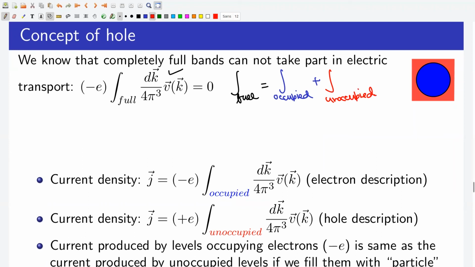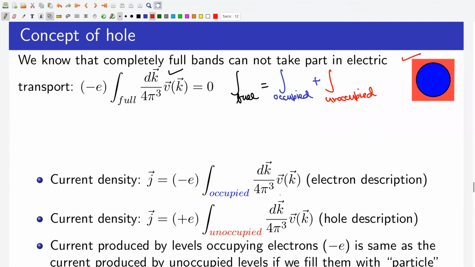For example, let us consider a simple case where we have a free electron like Fermi surface. The blue region of the Brillouin zone is occupied and the red region of the Brillouin zone is unoccupied.